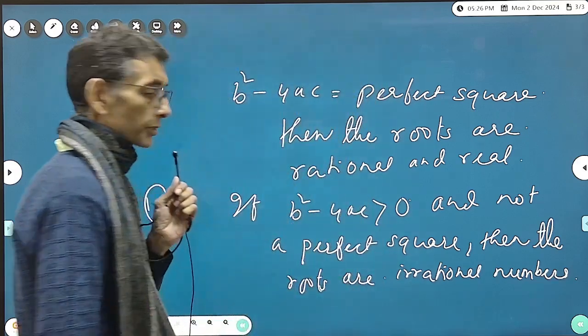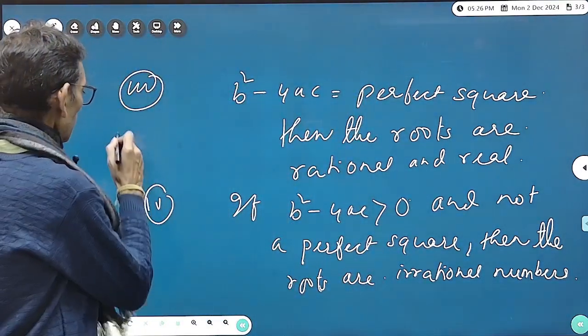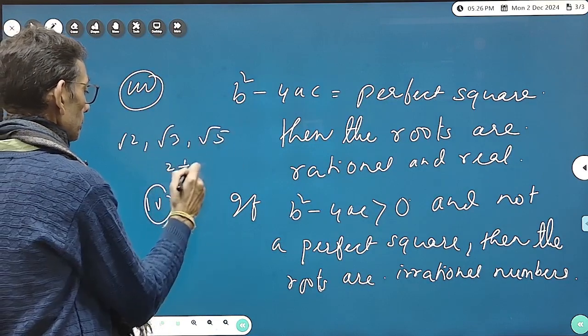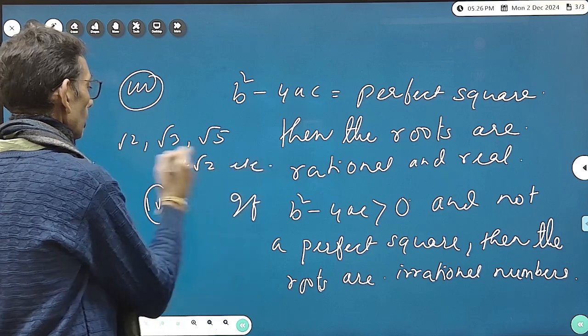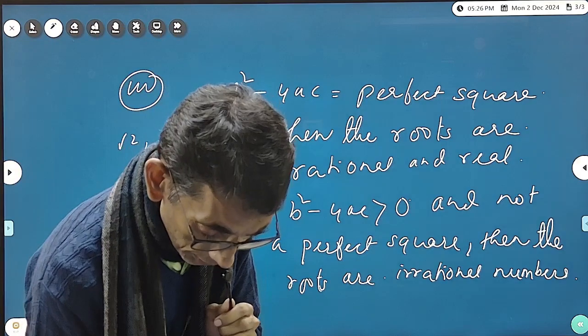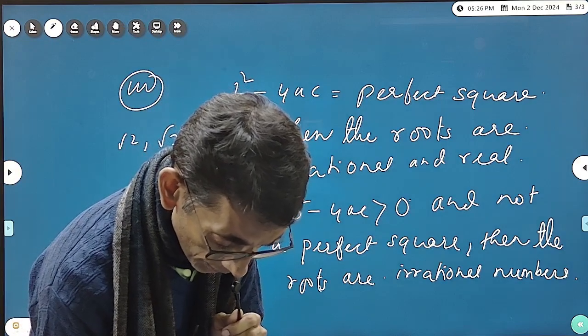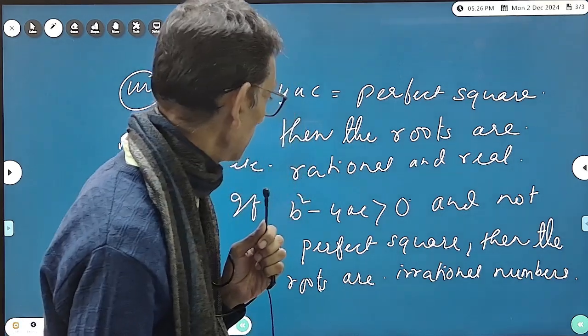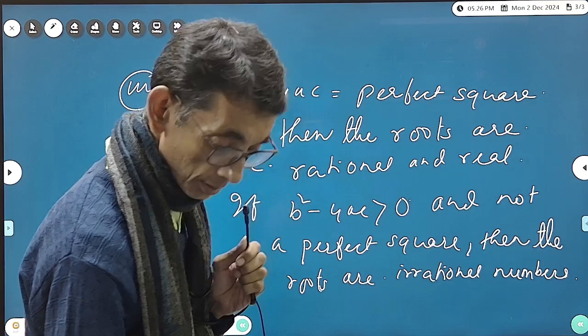Do you know what irrational numbers are? For example, √2, √3, √5, 2 plus √2. These are called irrational numbers, meaning the root remains and you cannot remove it. If b square minus 4ac is greater than 0 and not a perfect square, the roots will obviously be irrational.